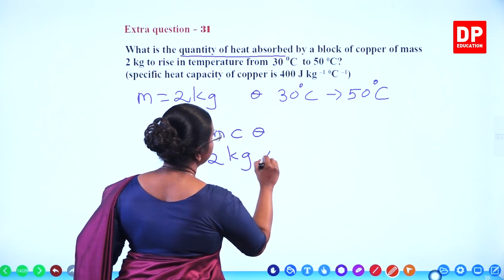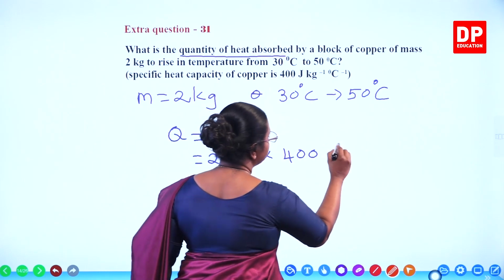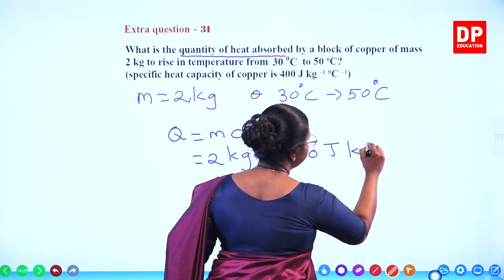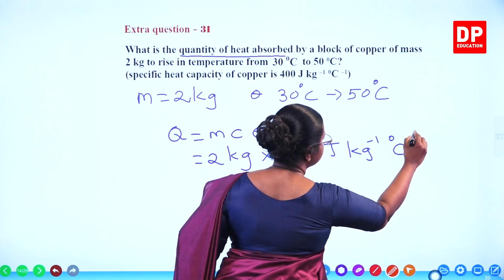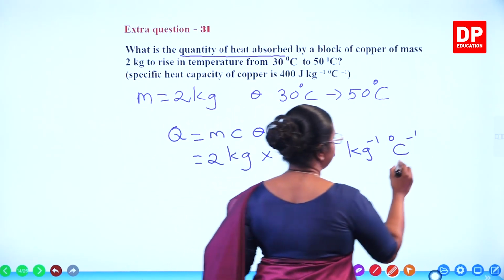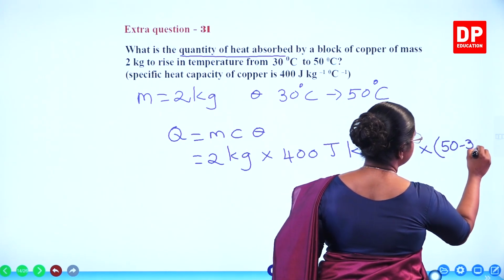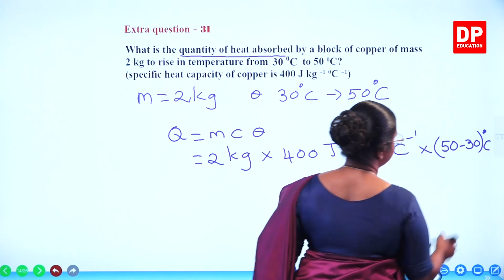So, no need to change. Then we have the specific heat capacity 400 joule per kilogram per degrees Celsius. Then what is the temperature change? That is theta. That is going to be 50 minus 30 degrees Celsius.